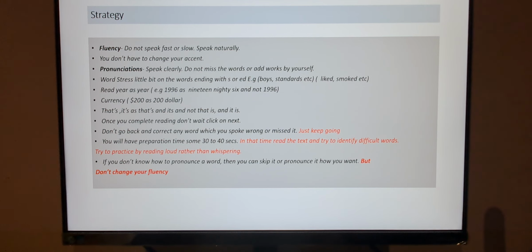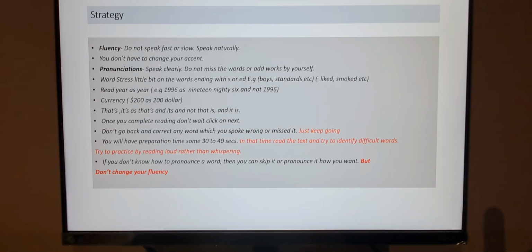Forget about mistakes, forget about difficult words. Your entire text should be read in a fluent way, in a normal way. If you don't know how to pronounce a word, then yes, you can skip it, or you can pronounce it however you want, right? If you find any difficult word, don't replace that word. Anyways, you are going to lose marks because you're not going to pronounce it correctly. That's okay.